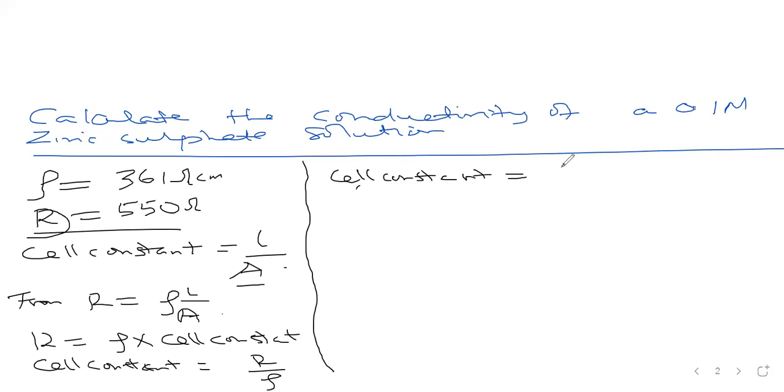So cell constant is equal to the resistance over resistivity. Is that right? Cell constant is resistance over resistivity. So we are not substituting in well.